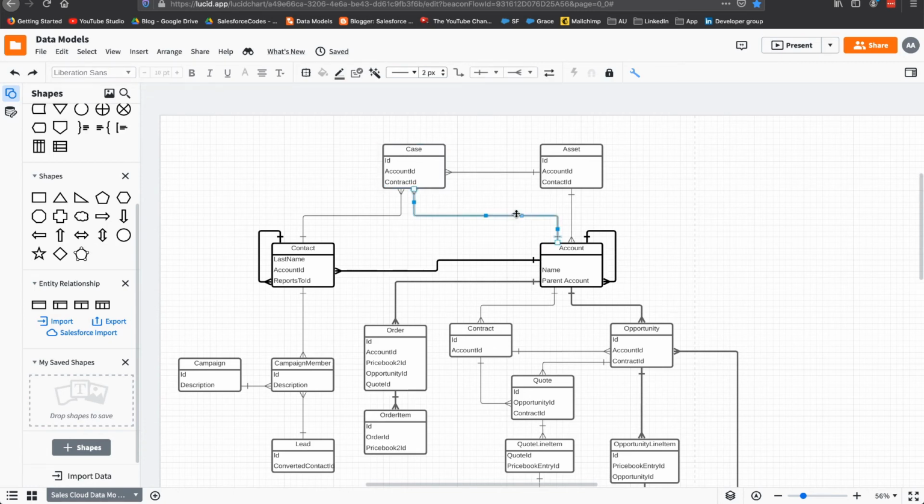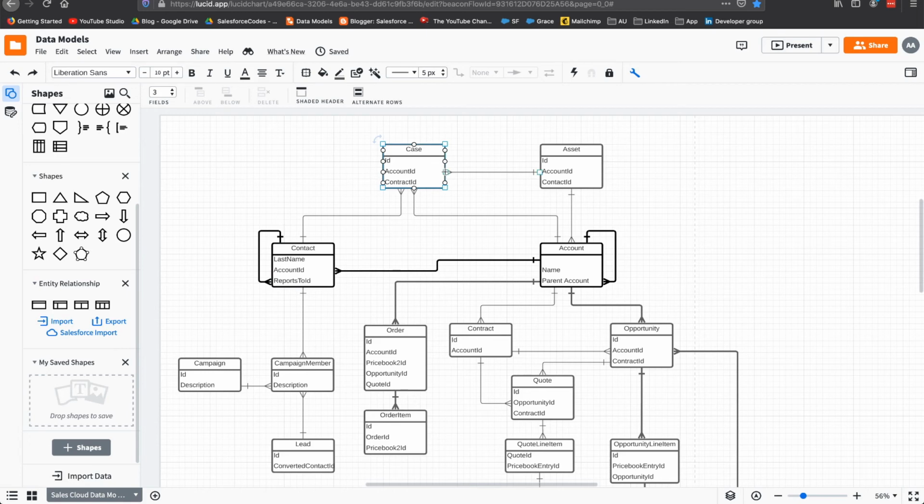And then say there is a point of contact at that company, you are working with someone called Carol in that company, and if she is raising that complaint, you will populate the account lookup to represent which company the case is associated with, and a contact lookup to represent who is the point of contact to reach out to from that company regarding this case.